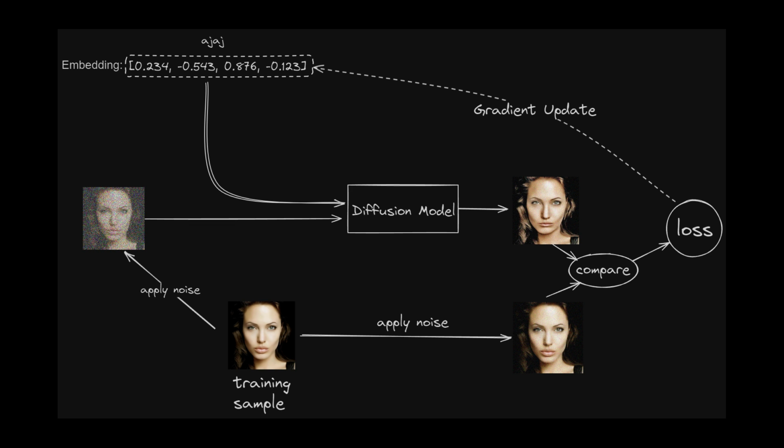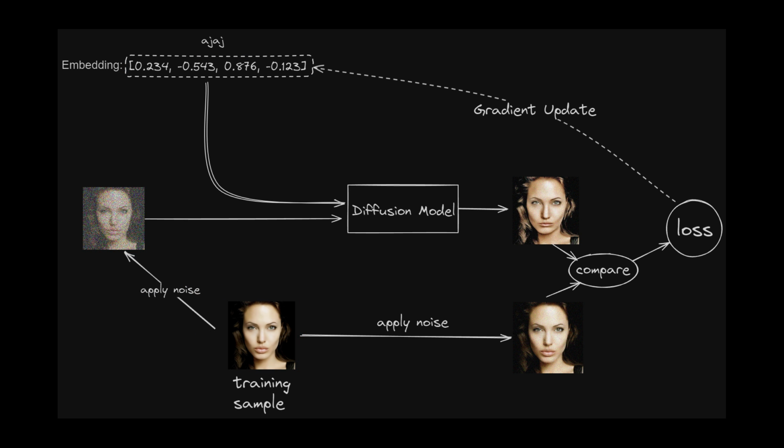Consequently, when we input AJ into the prompt post-training, Stable Diffusion will generate an image of Angelina closely resembling the training images. During this process, Stable Diffusion undertakes two primary actions with the training image. First, it converts the training image into noise.